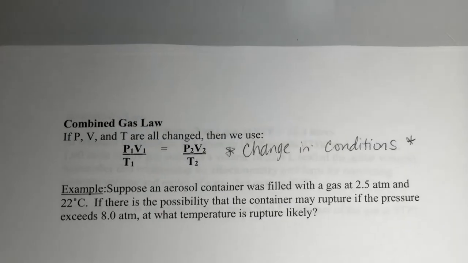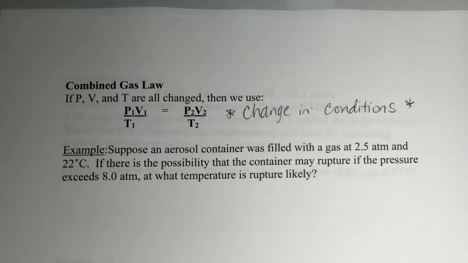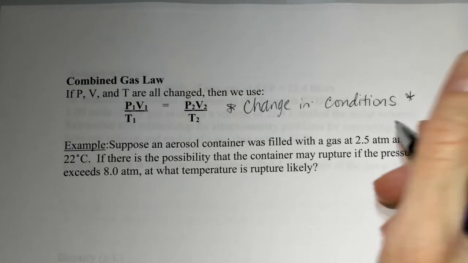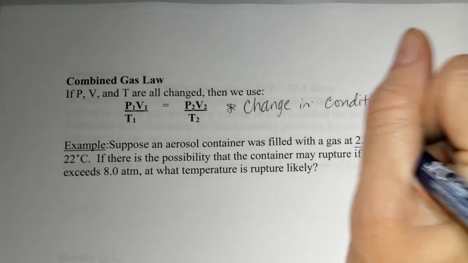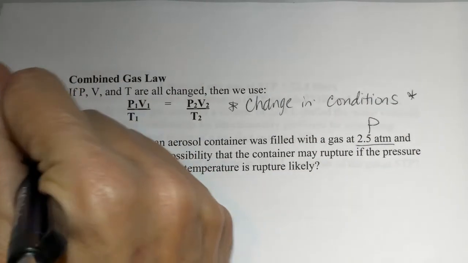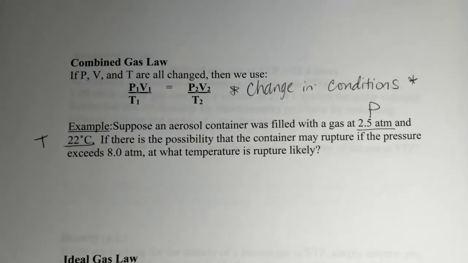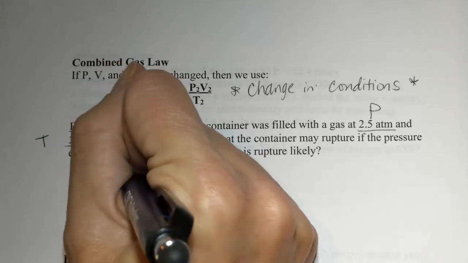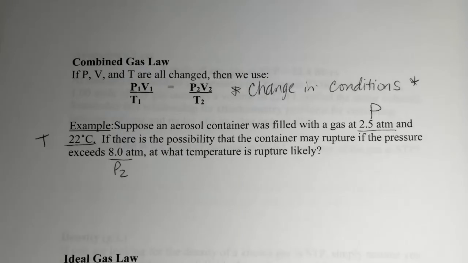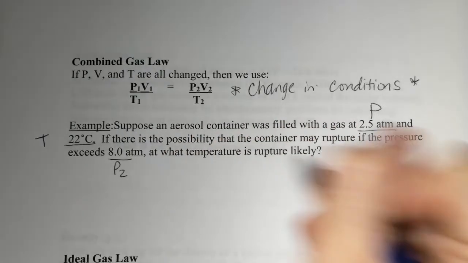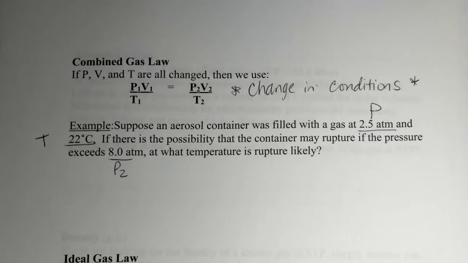So in this last example for the video, we've got an aerosol container that has a gas at 2.5 atm and a temperature of 22 degrees Celsius. And it says, would the container rupture if the pressure exceeds 8 atm? And we want to know at what temperature that would happen, right?